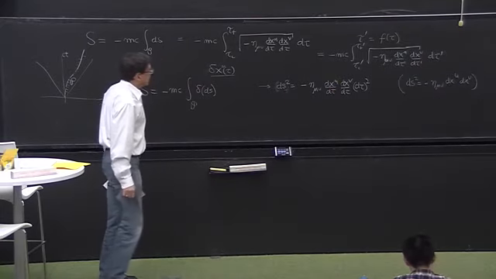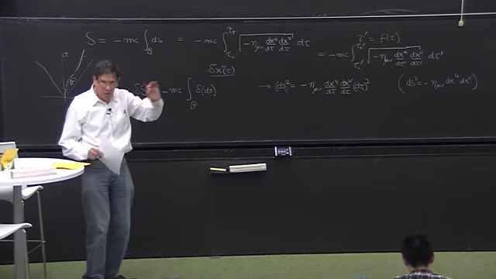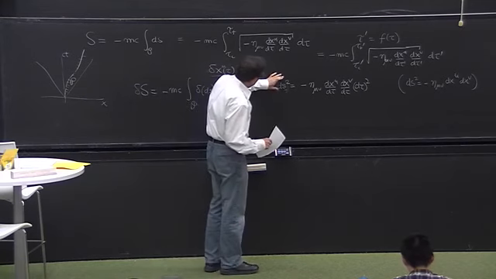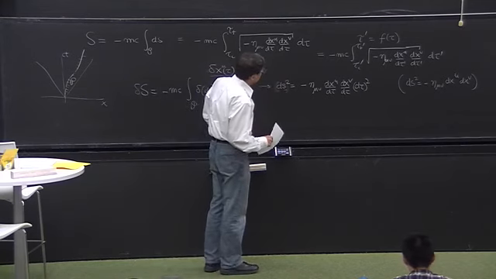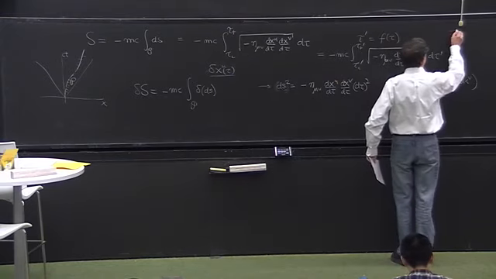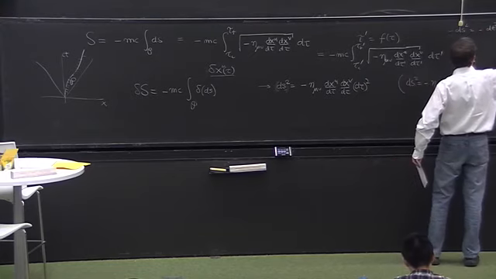So this thing for a particle that is doing physical motion is always positive. The way we defined the ds squared was, remember, minus ds squared is equal to minus dt squared plus all these things.